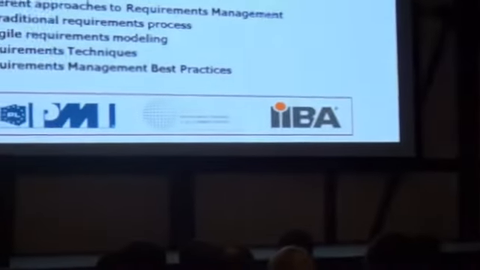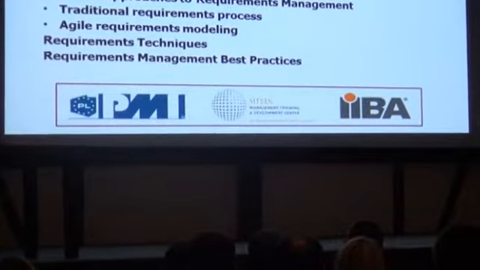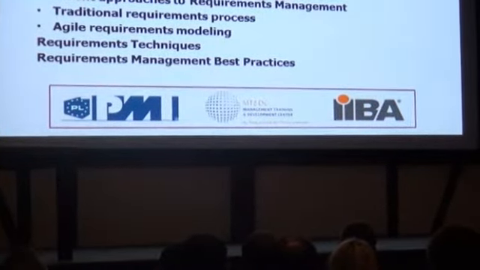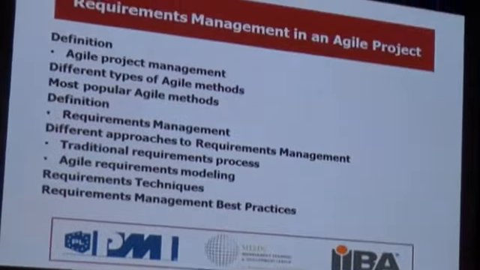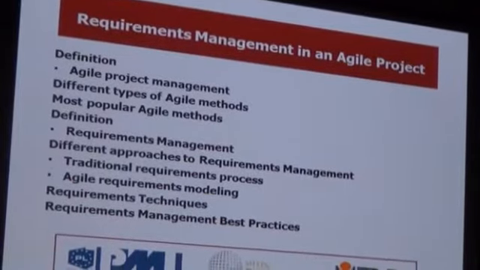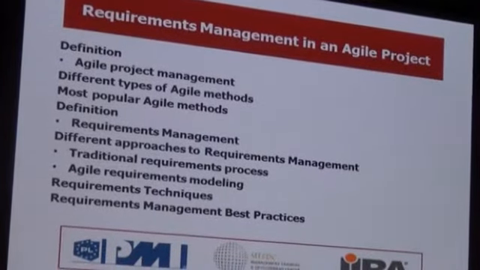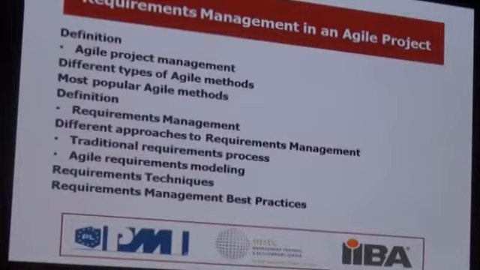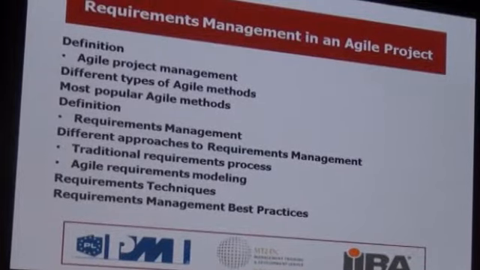All right, so what we're going to get into: first, the definition of Agile project management. Also, we're going to look at some different types of Agile methods, or at least mention some different types of Agile methods, and popular Agile methods.